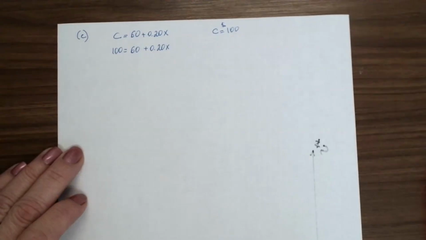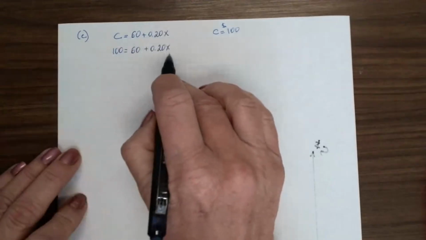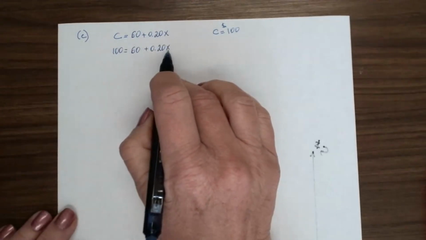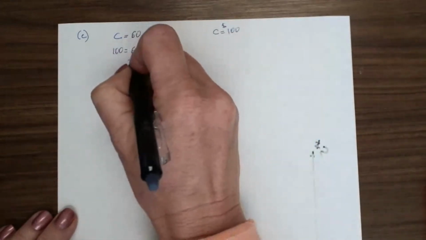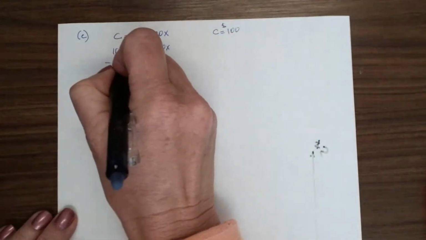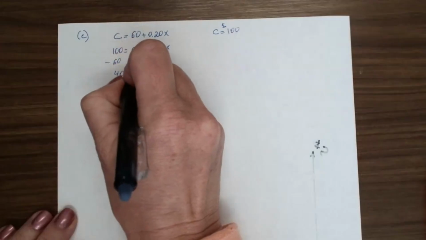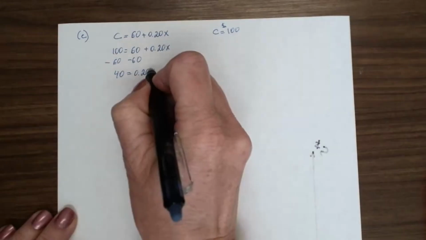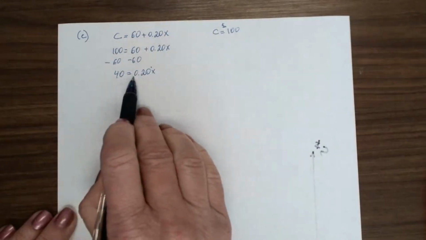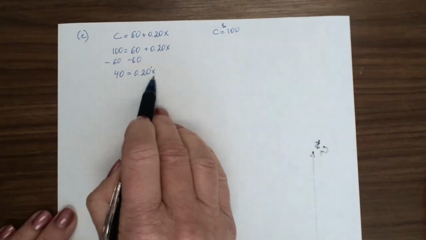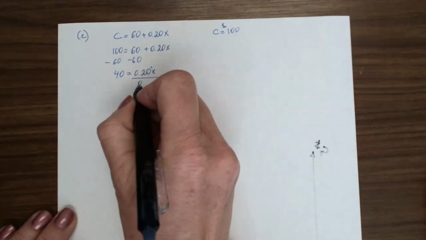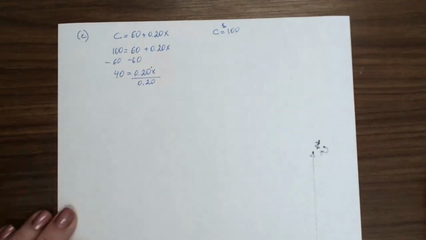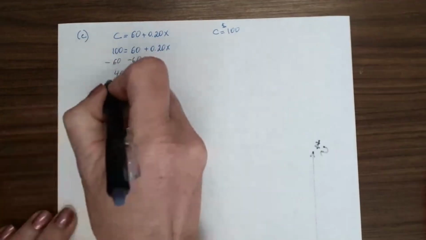Now we need to solve this equation and find x. First of all, we will subtract 60 from both sides. And because there is multiplication between 0.20 and x, you need to do the opposite, so you have to divide by 0.20.